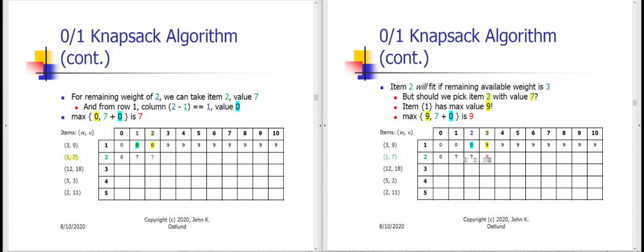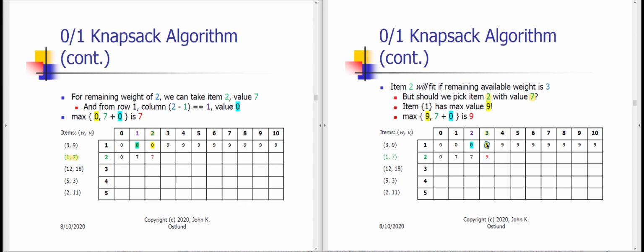Well, now the situation is a little bit different because the value, if we have 3 available units of weight, of just using item 1 in our knapsack is 9, which is greater than the value of including item 2 in the knapsack.